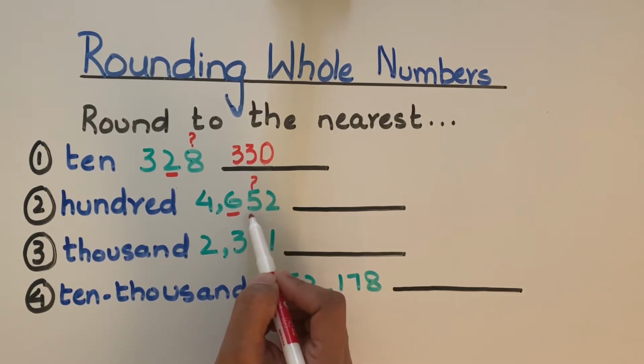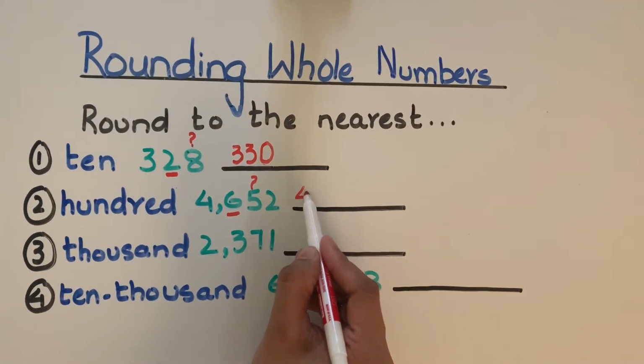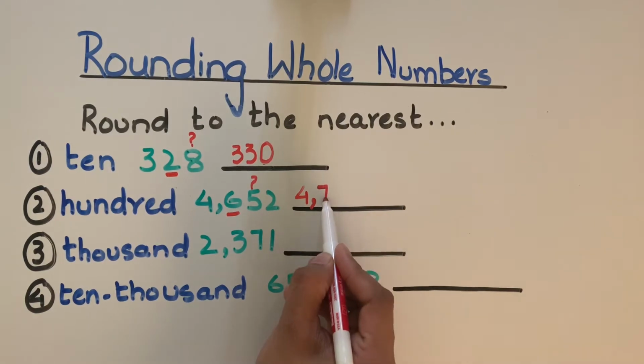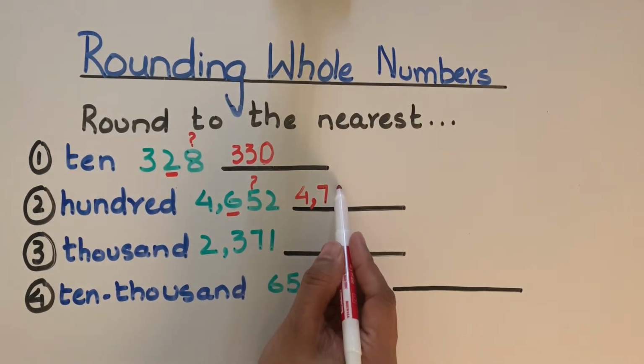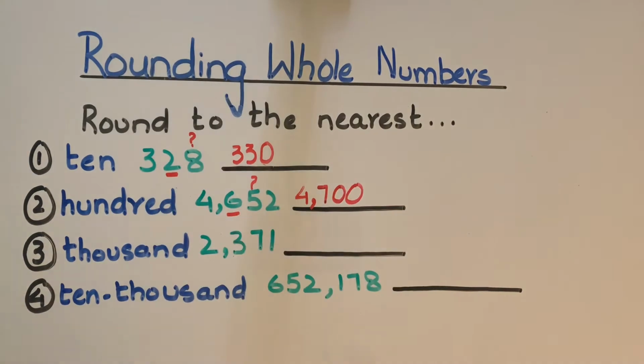Yes, this is 5, so we have to raise this number by 1. So this number will be 7. So 4, comma, we're going to raise 6 by 1, so it will be 7, and we're going to get rid of the rest of the digits, which will be zeros.